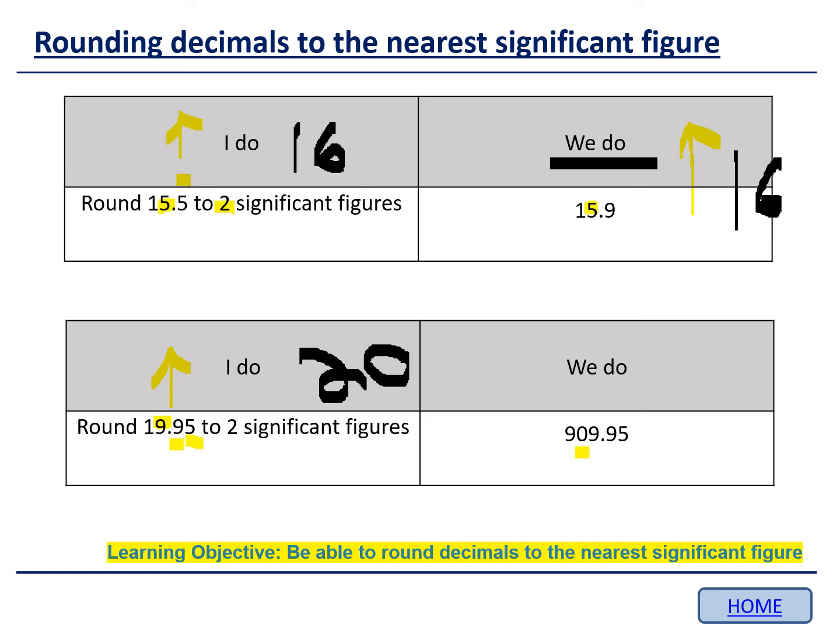We have a 9 in the ones, a 9 in the tenths, and a 5 in the hundredths. We know that this 9 here is the only thing we're going to need here, and this is going to take us upwards towards the next whole number, which is going to be 910, to two significant figure places.